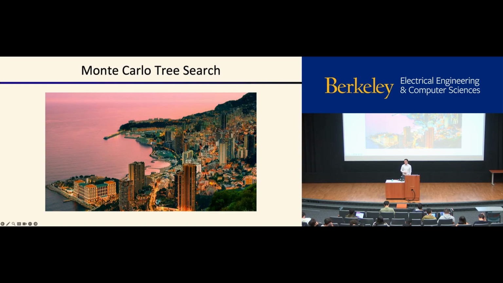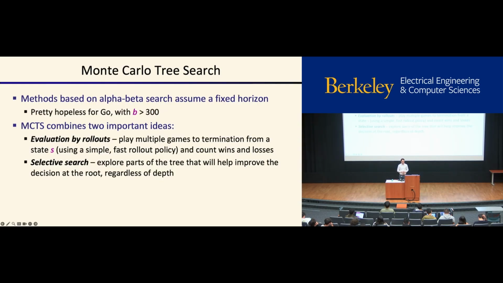Essentially, there are two simple ideas inside of Monte Carlo tree search. It's trying to fix the problem that methods based on alpha-beta search assume a fixed horizon. That's going to be pretty hopeless for Go, which has a branching factor of around 300. So in the first level of the tree, you have to compute 300 successors and evaluate them.